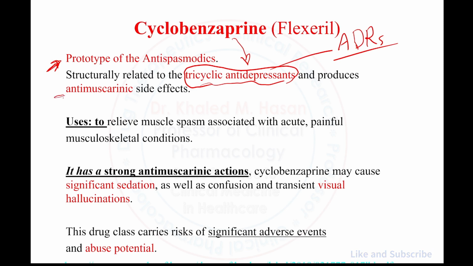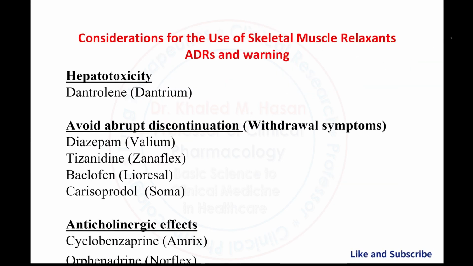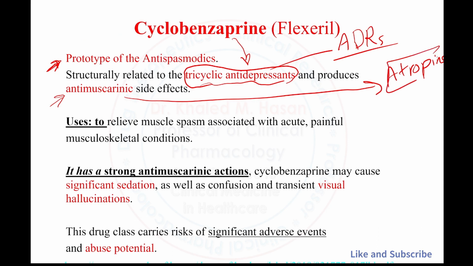This medication carries an anti-muscarinic effect. So when you say anti-muscarinic effect, please try to remember the effect of atropine, because atropine is considered the prototype drug for this. So cyclobenzaprine carries the effect of tricyclic antidepressant and anti-muscarinic side effects.